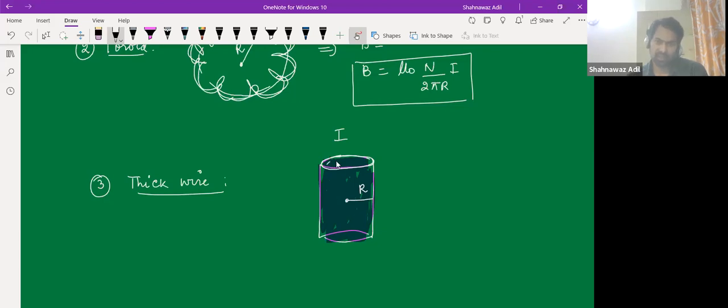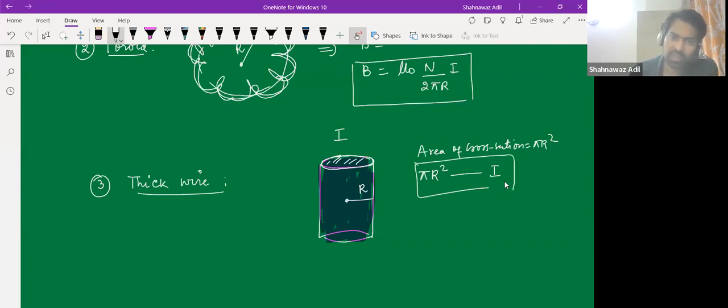This is a circular area, so the area of cross section is pi r square. In this pi r square, current I is flowing. We have to remember this, it is very important to derive the magnetic field due to this thick wire.